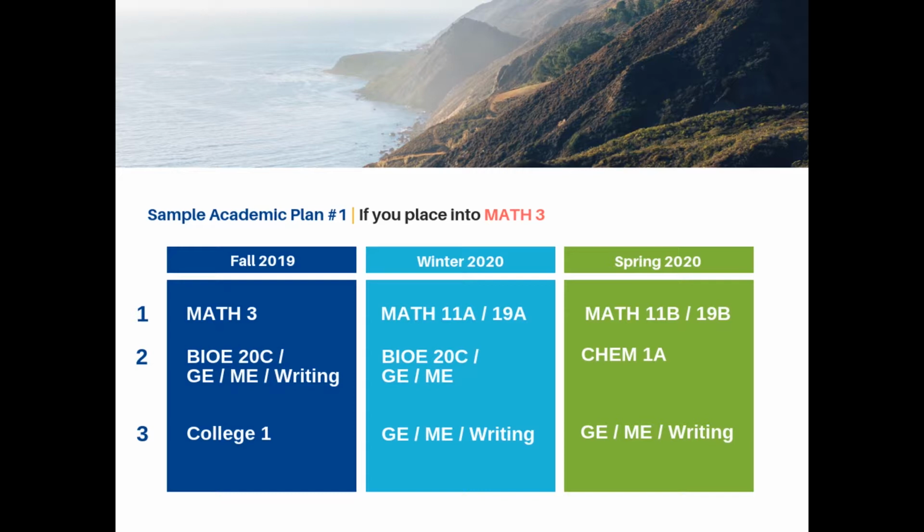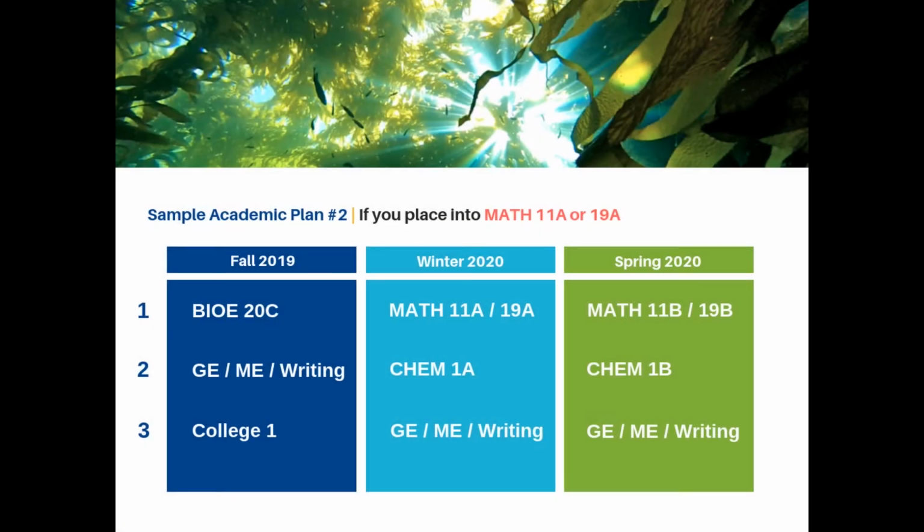Moving into winter of next year and spring, you'll be beginning and finishing calculus, as well as taking additional prerequisite courses for your major. If you place into Math 11A or Math 19A, both of which will fulfill requirements for your EEB major, your year may look something like this.